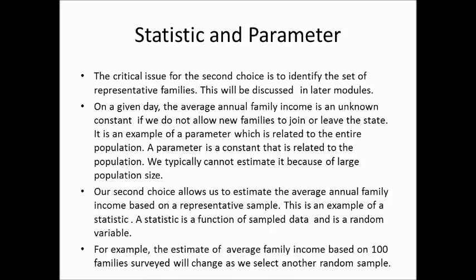For example, if we estimate the average family income based on 100 families surveyed, I've just picked a number, 100, arbitrarily, every time we take a random sample of 100 families, we are going to get a different average. Sample average is a statistic and it is a random variable.